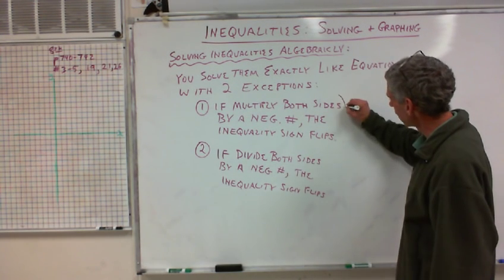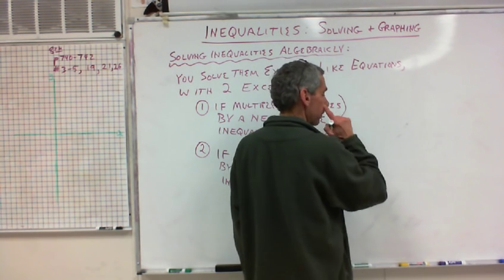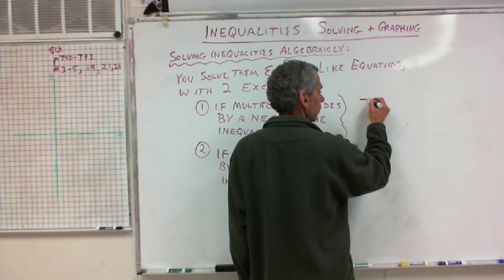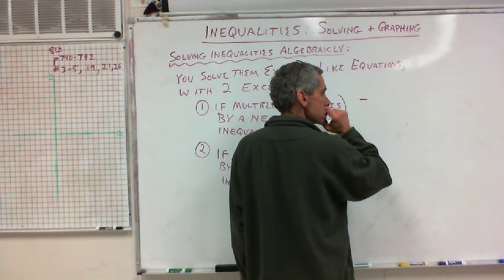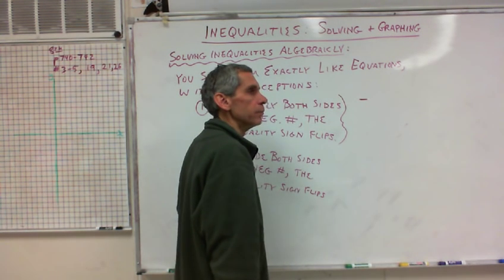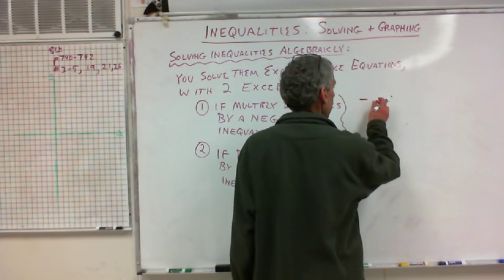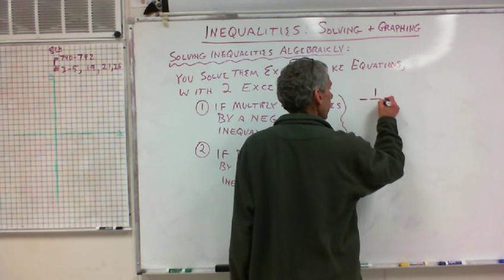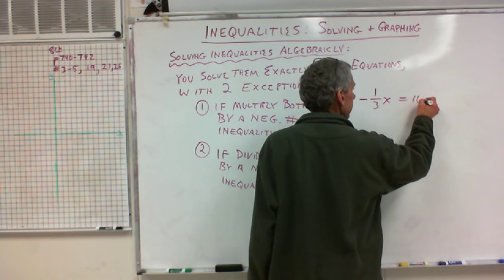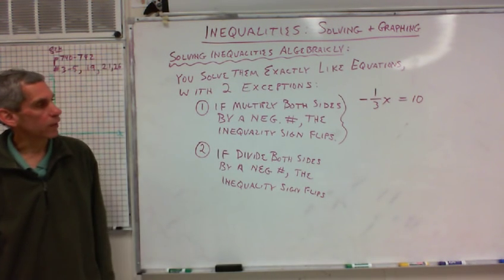Example number 1. Let's say I had negative 1/3 x equals 10.